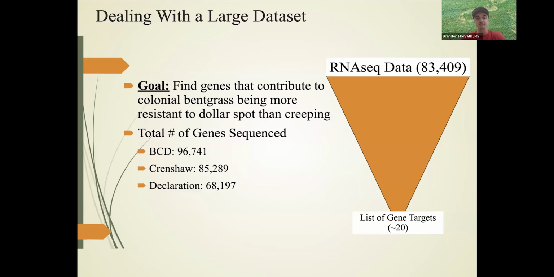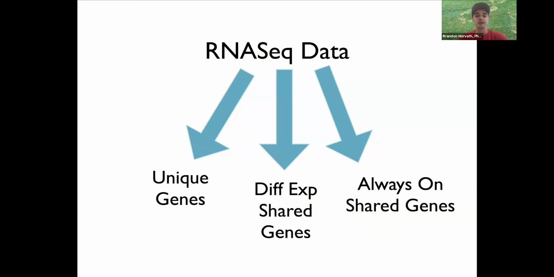So when we got the data back, we split our analysis into 3 different pathways. The first pathway, we wanted to look at, okay, are there any genes in the colonial bentgrass genome that are unique that give it a higher resistance to dollar spot than the creepers? The second pathway was looking at what genes they share because they're in the same genus. And so actually 2 of their genomes are shared.